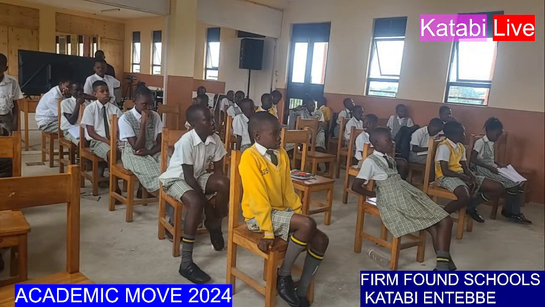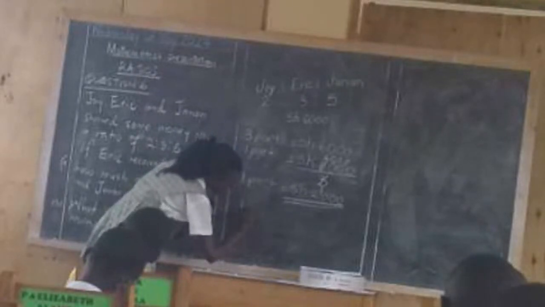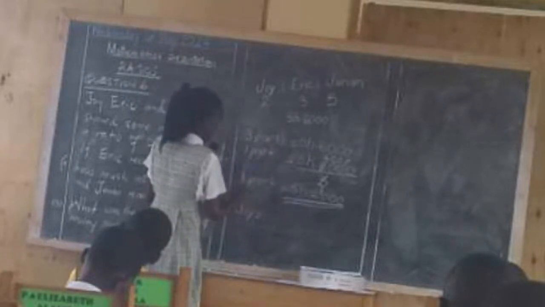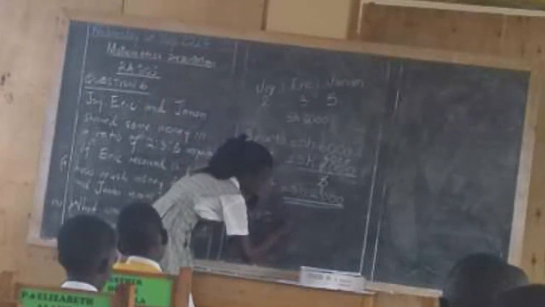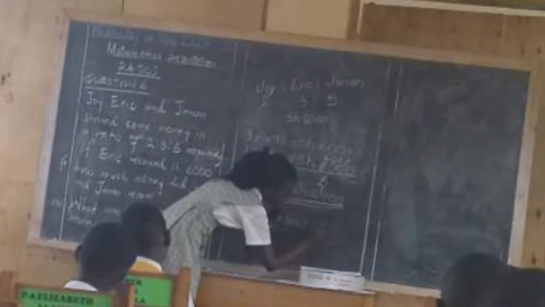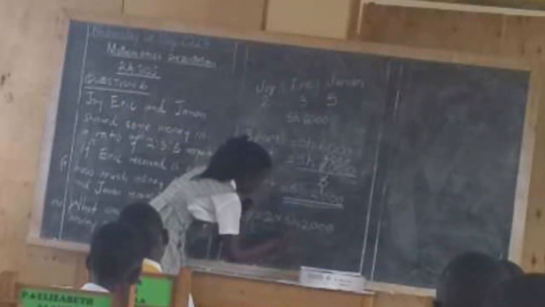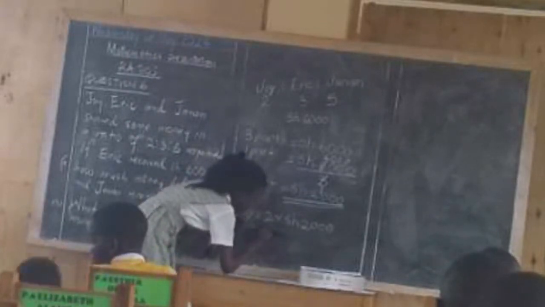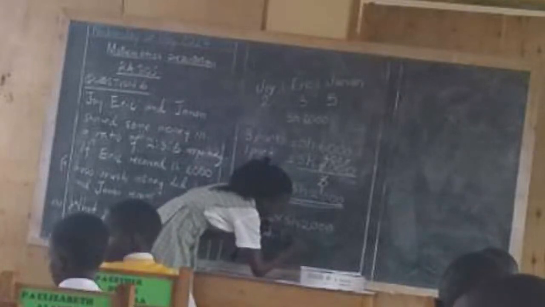So now we are going to say Joy is equal to this ratio for Joy times 1 part, which is 2 times 2,000 shillings. 2 times 2, we get 4, but we don't forget to write shillings. We'll get 4,000 shillings.